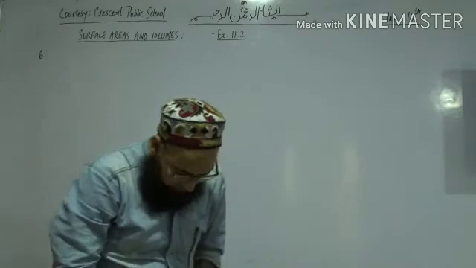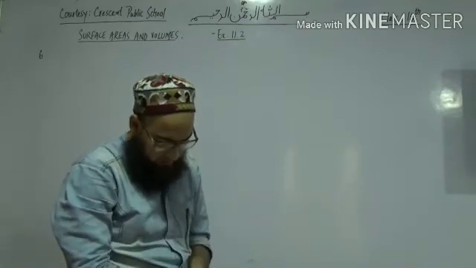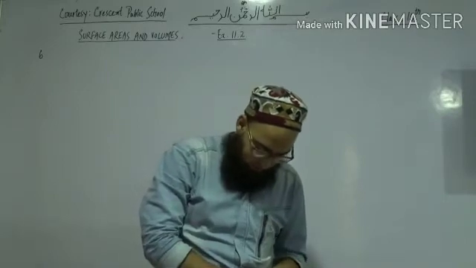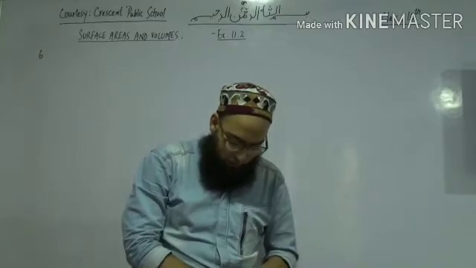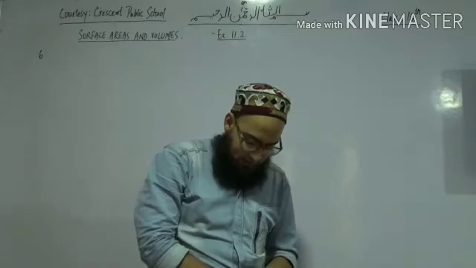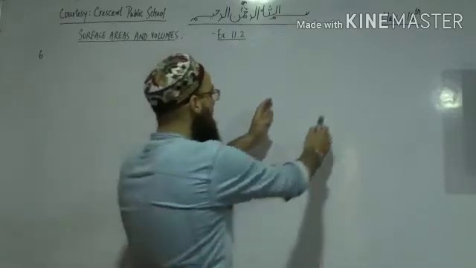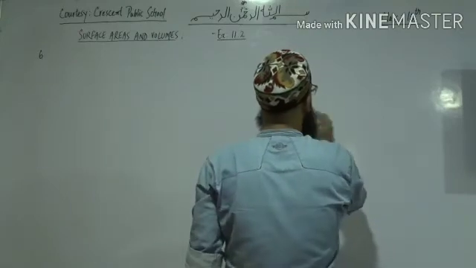It says a solid iron pole consists of a cylinder of height 220 cm and base diameter 24 cm, which is surmounted by another cylinder of height 60 cm and radius 8 cm. Find the mass of the pole given that 1 cubic centimeter of iron has approximately 8 gram mass. See, we have one cylinder surmounted by another cylinder. So it goes like this.